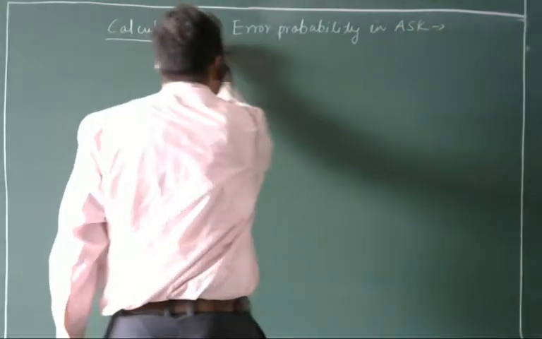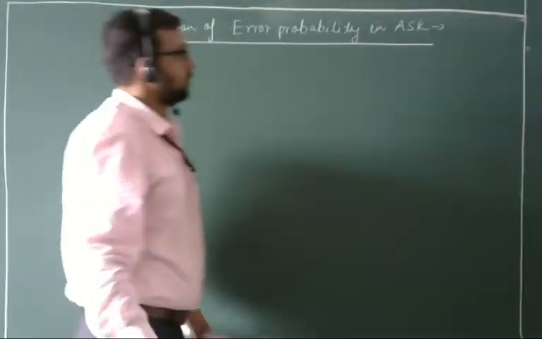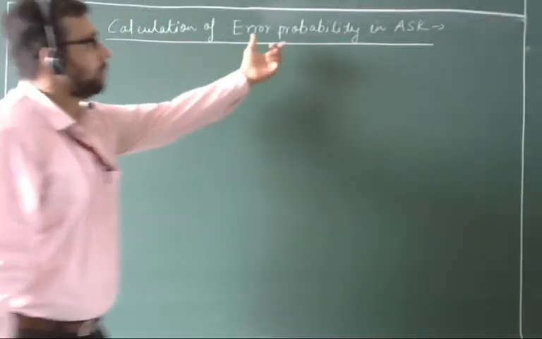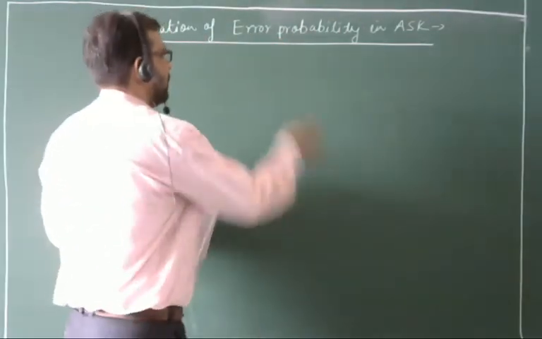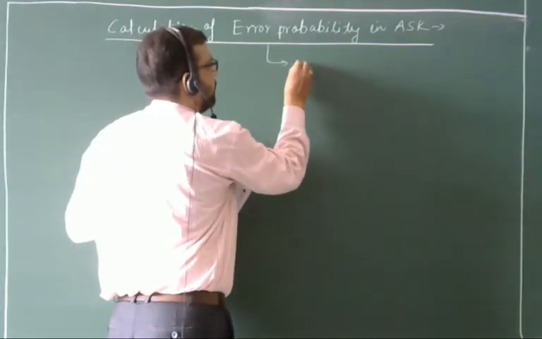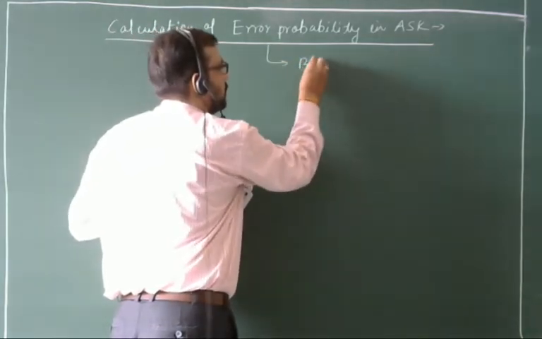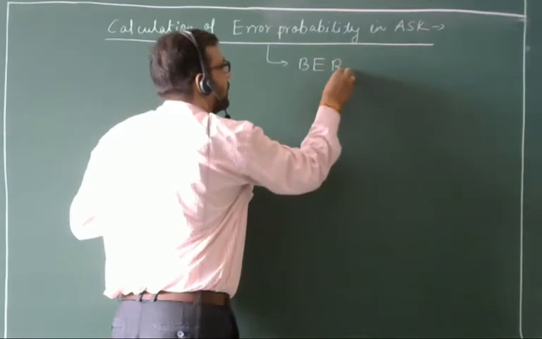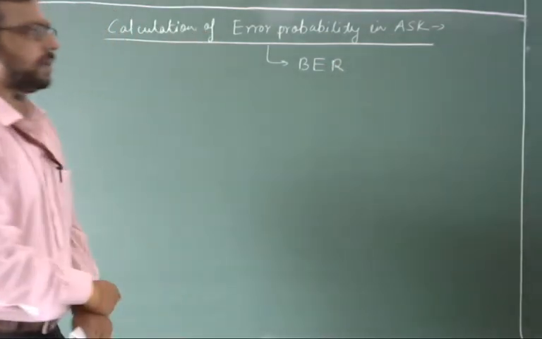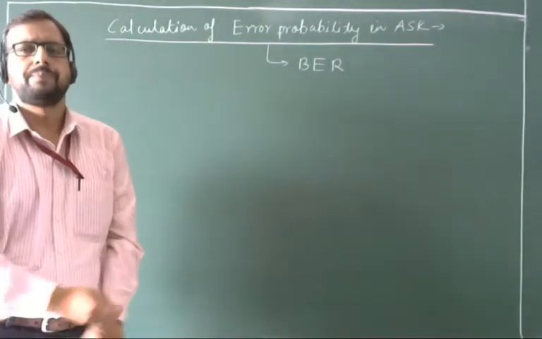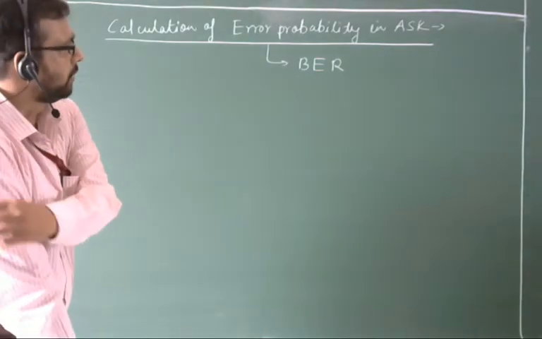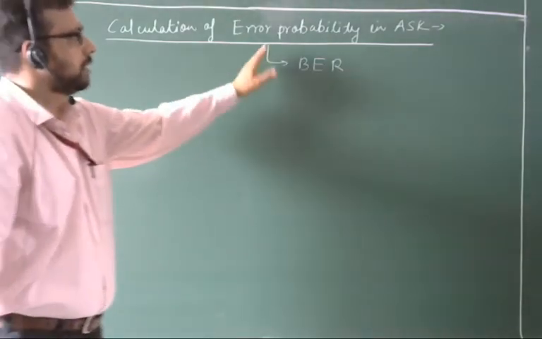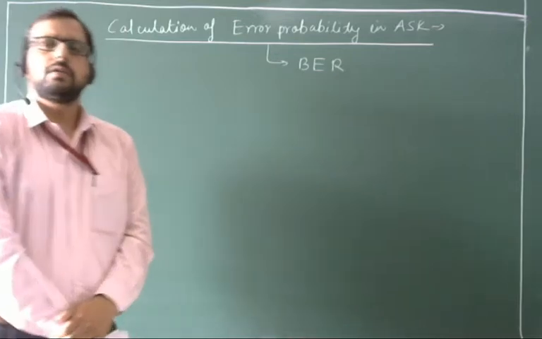This is your topic. Here we can say error probability, or another name is the bit error rate, because in your syllabus error probability can be written as the bit error rate. So today we are discussing the bit error rate or the error probability in the ASK system.